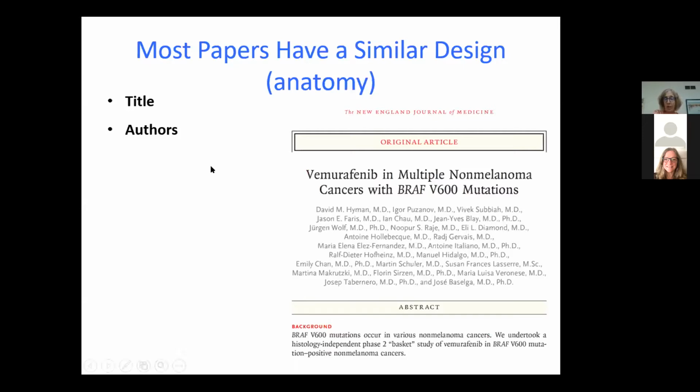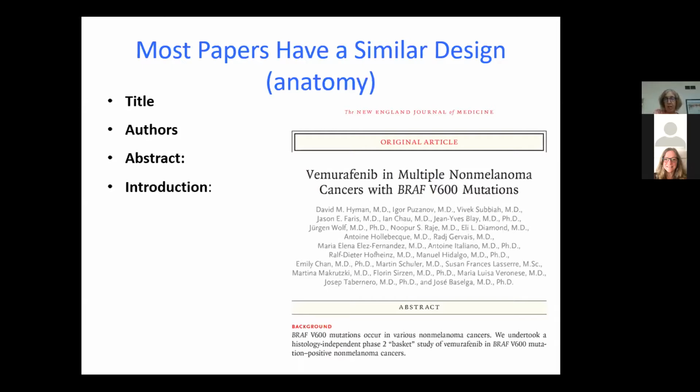So the organization of the paper: you have a title, you have a section showing who all the authors were on the paper, then you have an abstract or a summary, which a little bit of is shown here, and this summarizes what the paper is about.